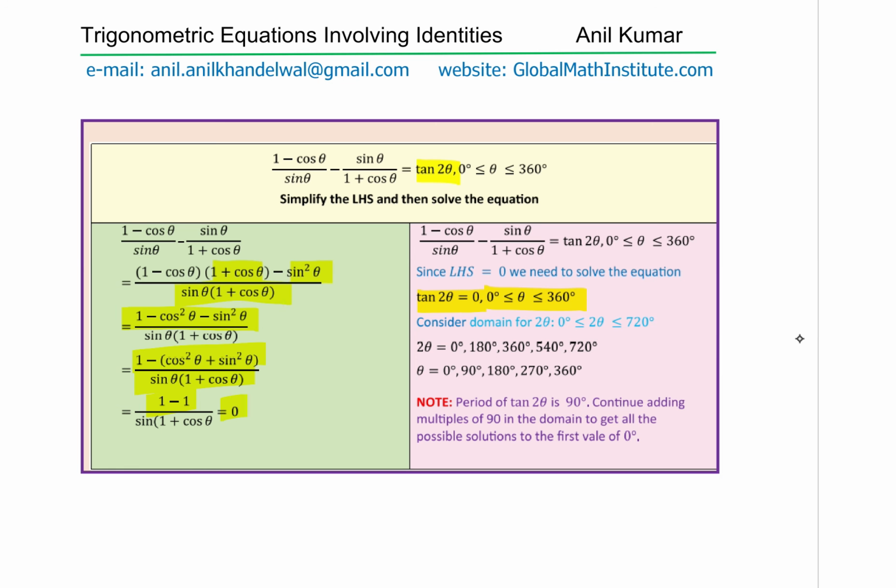Correct? We know tan 2 theta is between what? Well, if theta is between 0 to 360 degrees, 2 theta will be between 0 to 720 degrees. Correct? You know, period of tan is 180 degrees. And therefore, you can find all the solutions.